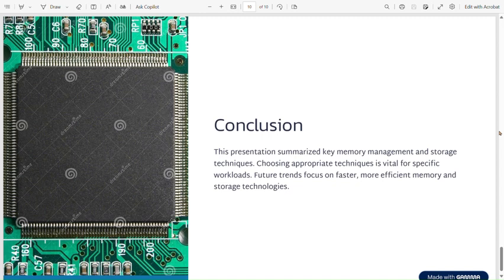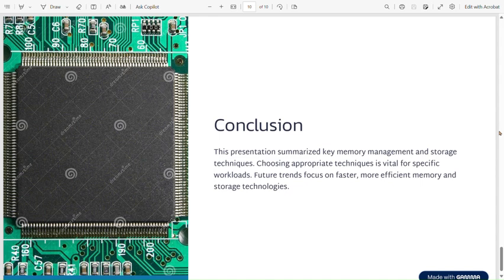The conclusion we can draw from this is that memory management and storage techniques play a crucial role in optimizing system performance. Memory hierarchy ensures efficient access by organizing memory into different levels with faster, smaller memories closer to the CPU.